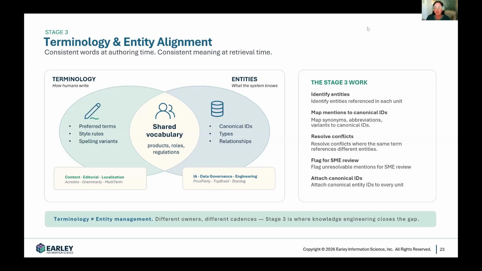But often they're different owners with different cadences and different tools. So we want consistent words at authoring time and consistent meaning at retrieval time. And this is where we move from text to entities, the thing the system actually knows about. Each one has a canonical identity, which means it's just ID'd, and every mention in the content needs to resolve to it. So I think I have an example next.